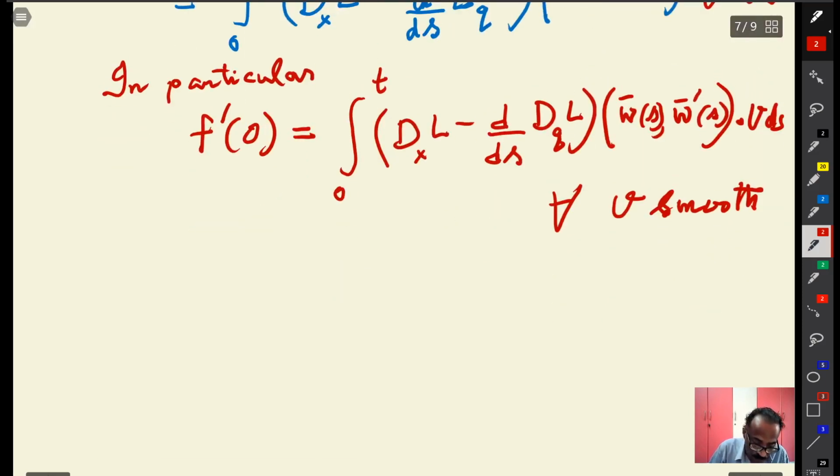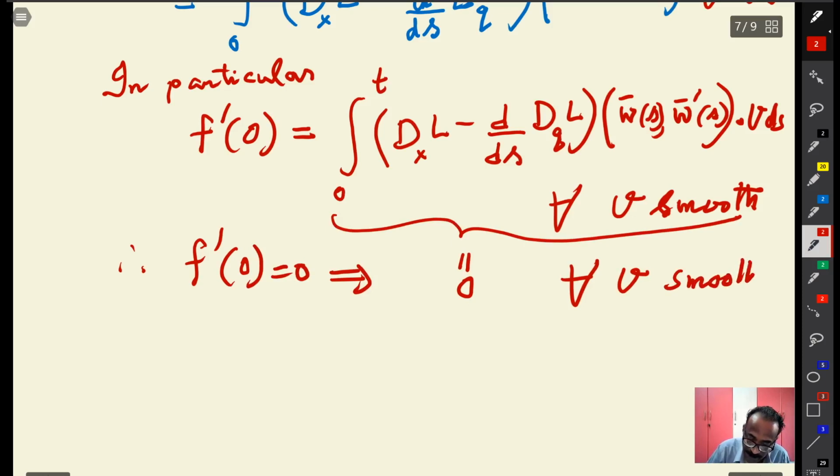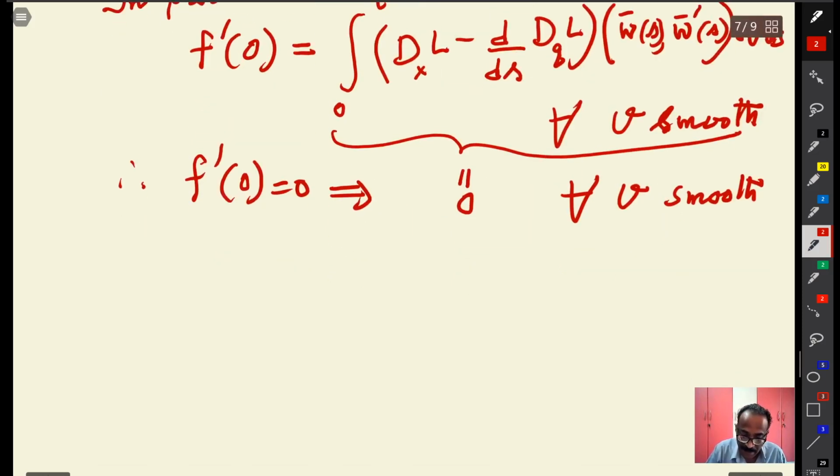Since it's true for all V smooth, and the integral action on V is 0, f prime of 0 equal to 0 implies this term is equal to 0 for all V smooth with zero boundary condition, and that implies the integrand is 0. So you can change the sign if you want.